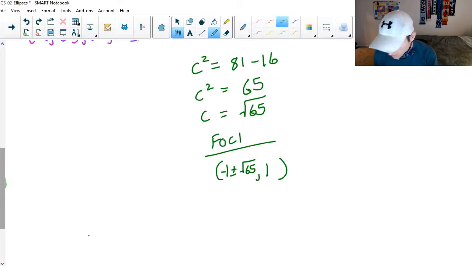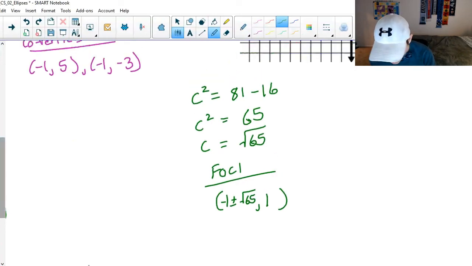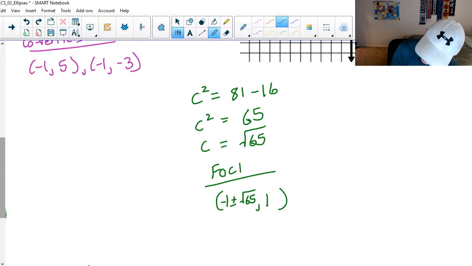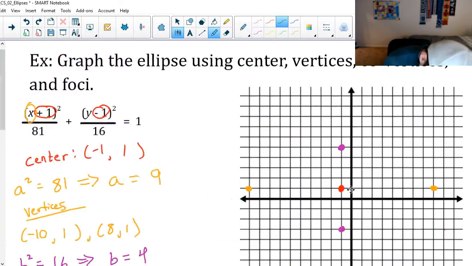So this tells us now where those foci will be. I just need to actually calculate negative 1 plus square root of 65. It's about 7.06, so just a tad above 7. About right here.